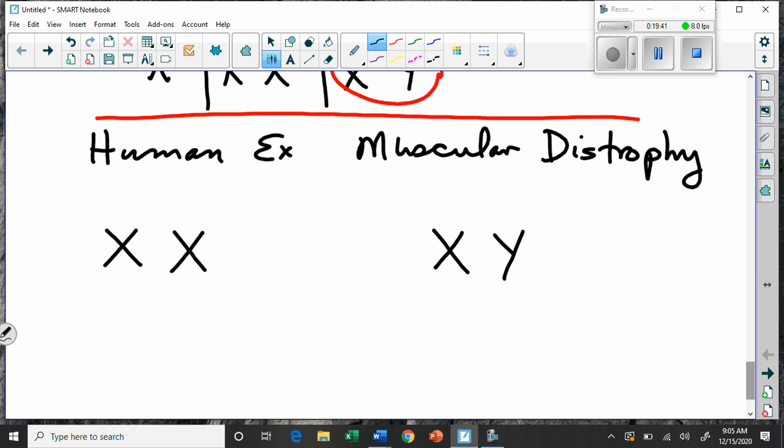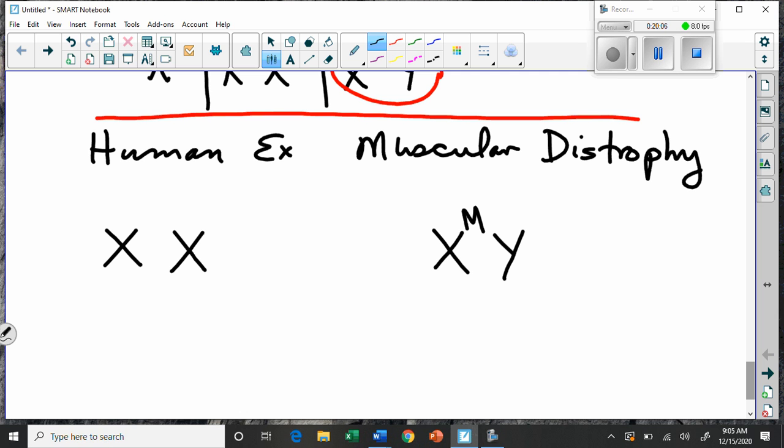They would probably have the healthy, I'll use a capital M, for the regular or normal gene. I don't think it's a dominant gene for muscular dystrophy. Let's say the female we're not sure. She seems healthy, but we don't know if she's a carrier or not.